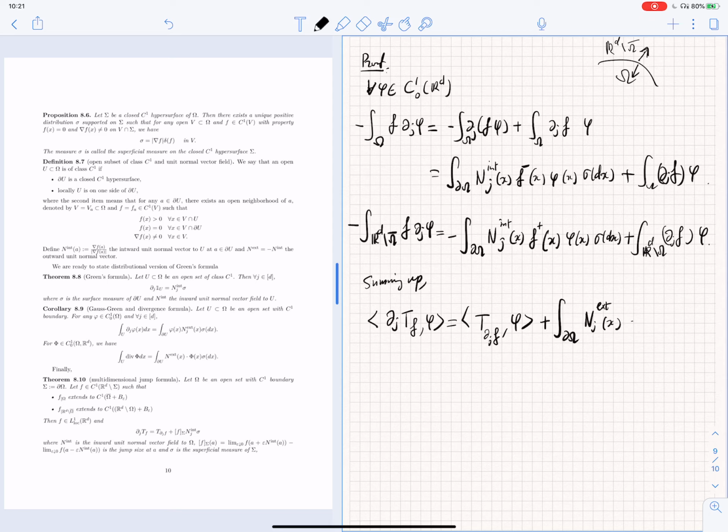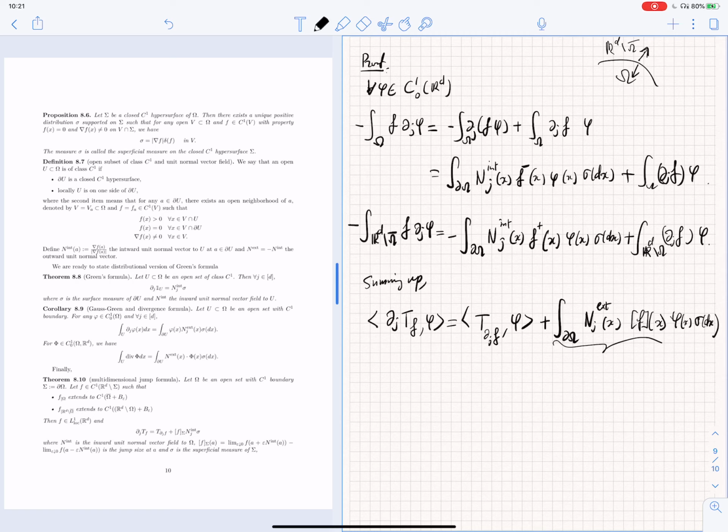This is what we have, and then we have f plus minus f minus. And this is nothing but, according to our definition, the square bracket of f at the point x, the jump size of f at the point x, times phi of x, sigma dx.